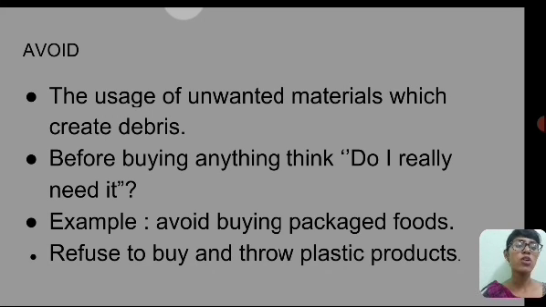So you need to avoid those and refuse to buy and throw plastic products. You buy plastic water bottles and after consuming, you throw them, right? So you need to avoid these things in order to reduce solid waste.